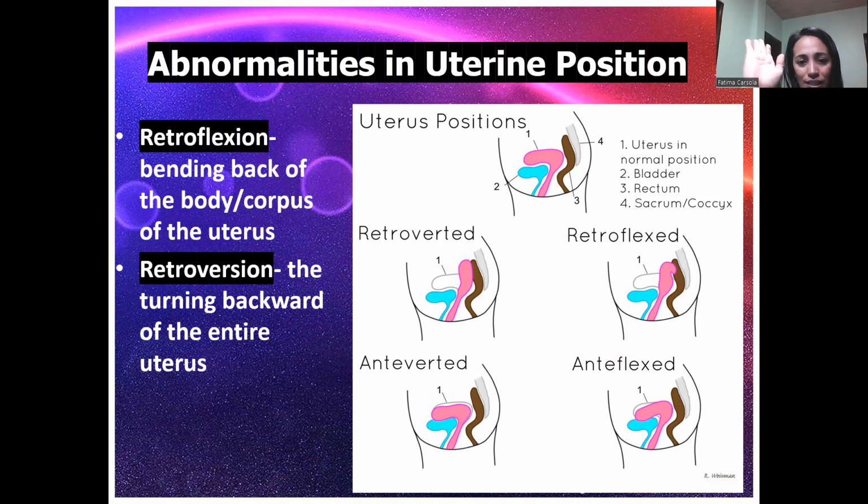Mas malala yung flex, okay, yung anteflex at saka retroflex. So when this is the normal position of the uterus, pag sinabi natin anteverted, bumaba. So when we say anteflex, bumaba pa siya. And when we say retroverted, gumanon, nag-lean siya. And then pag retroflex, gumanon pa siya. So that is the abnormal position of your uterus.